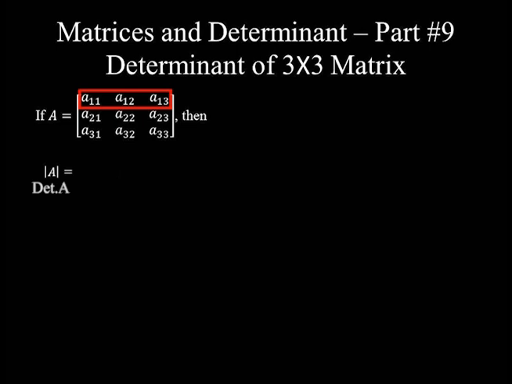That means a sub 1 1 times the determinant of the first 2 by 2 matrix. I will figure out what the matrix looks like later, but now let me simply write the sum. That's plus a sub 1 2 times the second 2 by 2 matrix plus a sub 1 3 times the third 2 by 2 matrix.